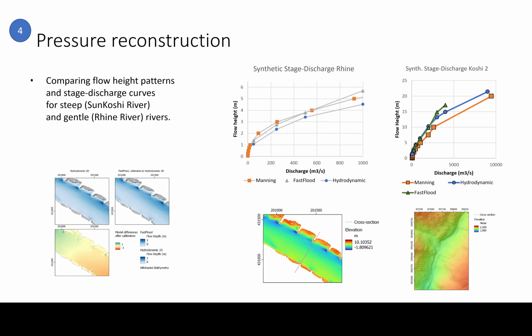In the end, this allows us to switch very rapidly from discharge to flood depths, and we see excellent behavior in case studies, both in the Netherlands on the Rhine and on the Koshi River in Nepal, where we looked at output from hydrodynamic models, FastFlood, and then a Manning's engineering-style equation for stage-discharge relationships.